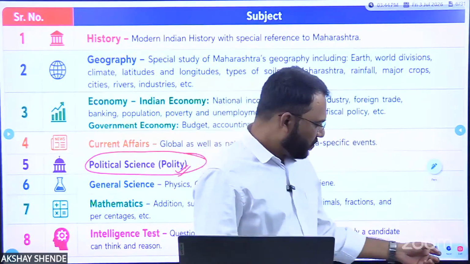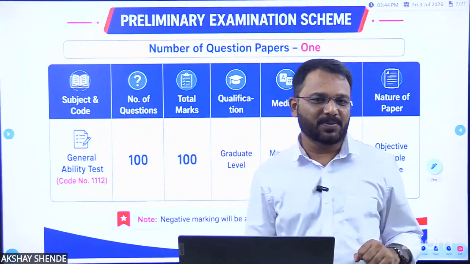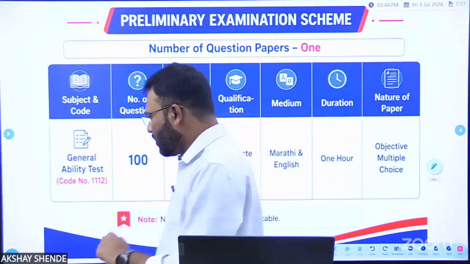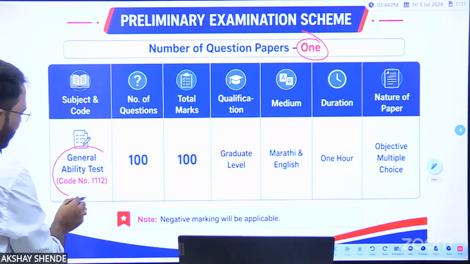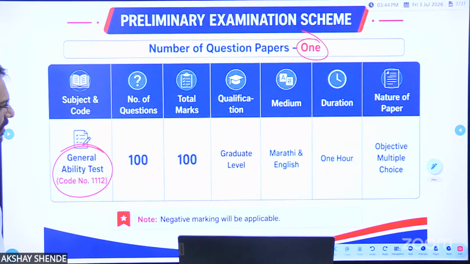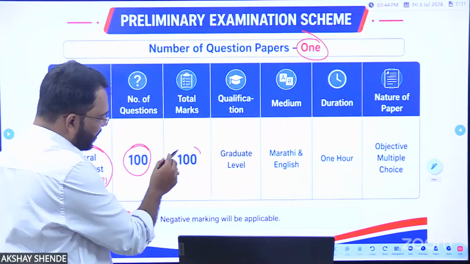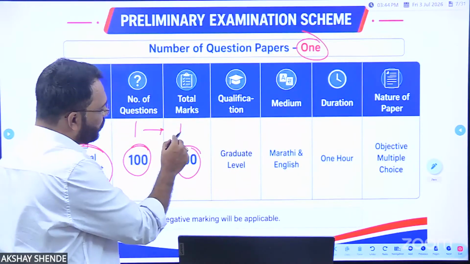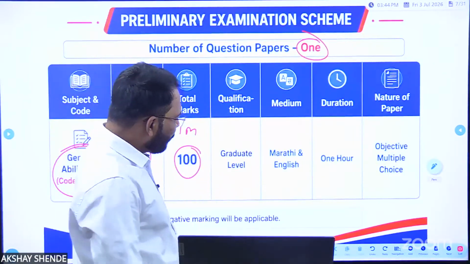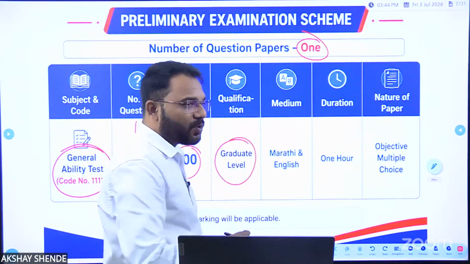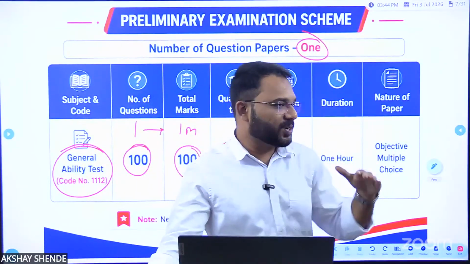Yes. Now let's take a look on the examination scheme of your prelims exam. So here only one paper is taken which is known as general ability test. Yes, and number of questions present are 100 and the marks 100. That means one question equals to 1 mark. Yes, and the level of qualification is graduation level. Qualification means that the question would be asked up to graduation level.